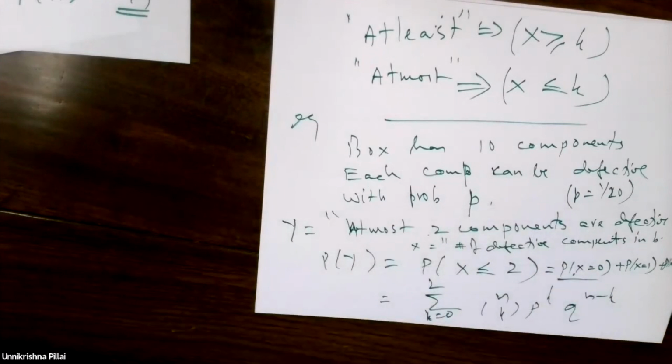If this probability comes out to be 0.2 or 0.3, whatever, then you can make a decision whether to accept the lot or reject the lot, etc. So I think you will be able to do the homework problem now, where at least and at most come up like this.